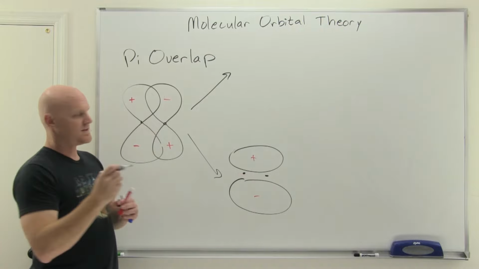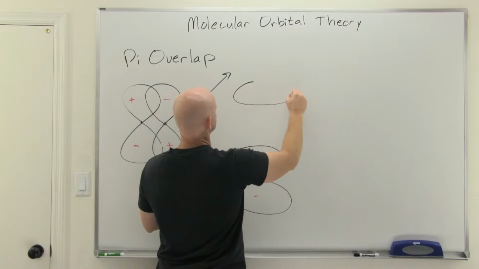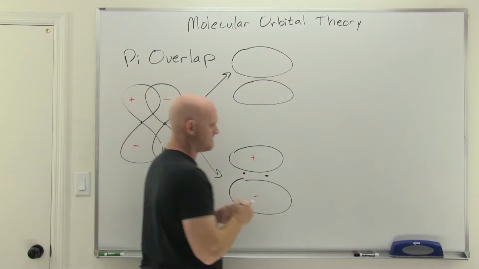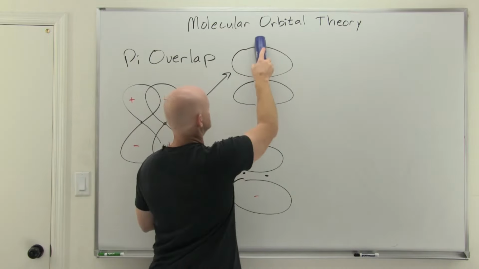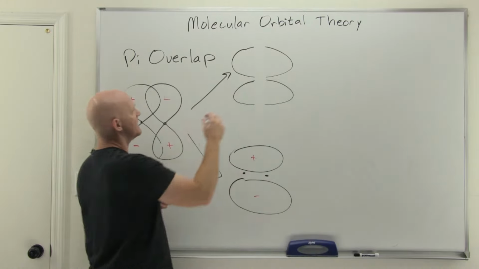And again, just like we did with the s orbitals overlapping, I'm going to draw my constructive overlap picture. And then I'm going to pull out my eraser. And right where the destructive overlap occurs, that's where I'll erase. That's where they cancel each other out.